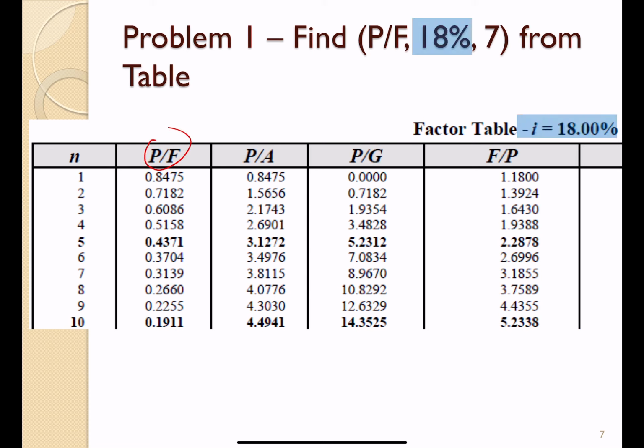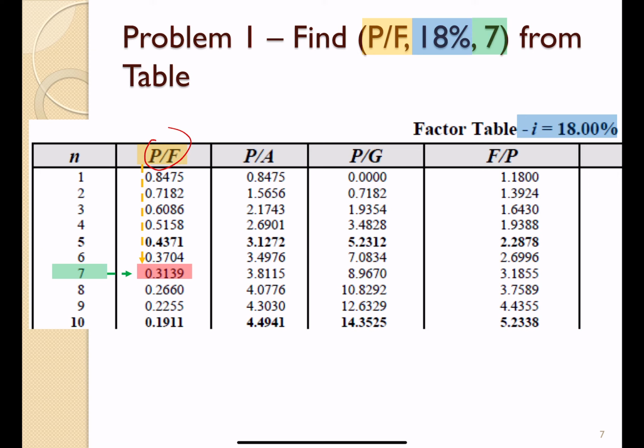So what do you have? 18%, P over F, 18%, 7 years. So looking for n at 7, P over F, that is the second column. Then n, 7 years, and the intersection of that gives the factor 0.3139.